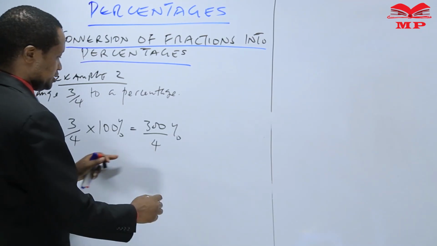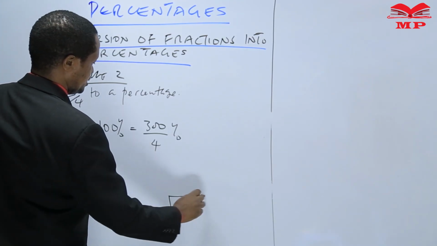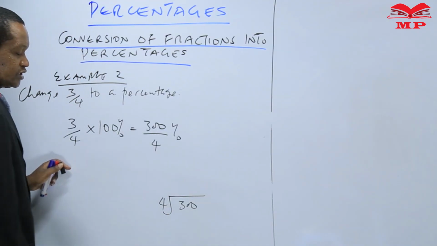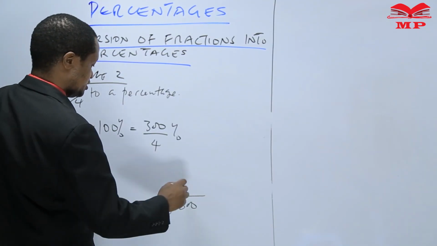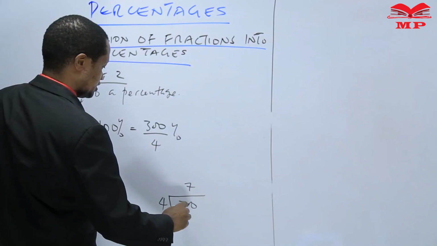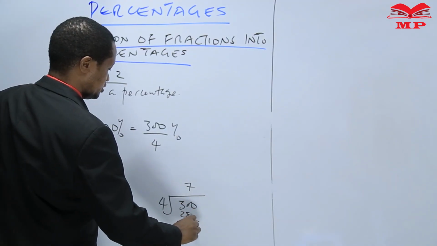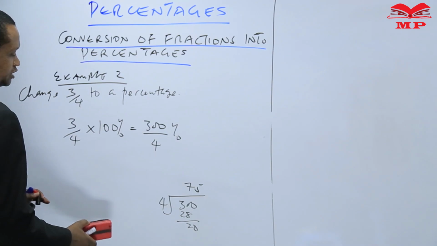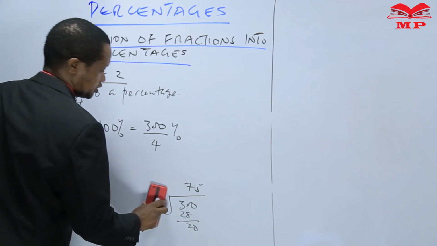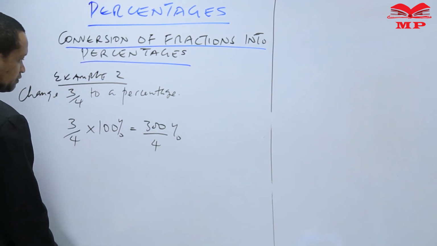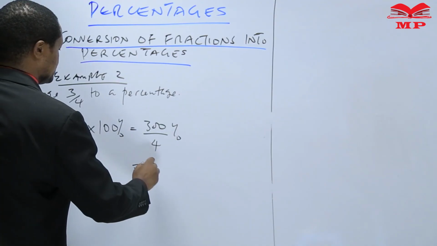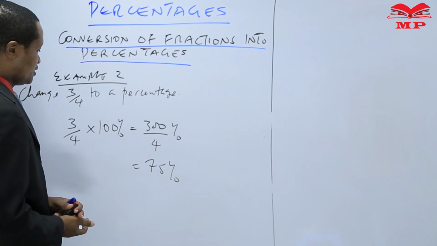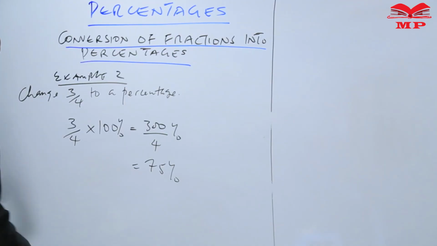Then we come here and divide 300 by 4. 4 goes into 30 how many times? 7 times, giving us here 28, then 25. So 3/4 as a percentage will be equal to 75%. That is example number 2.